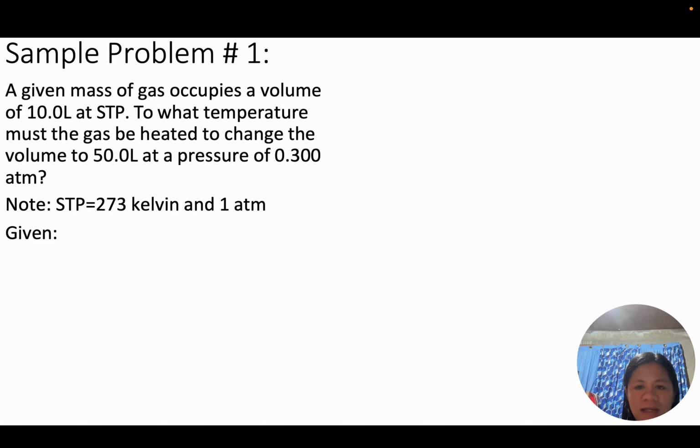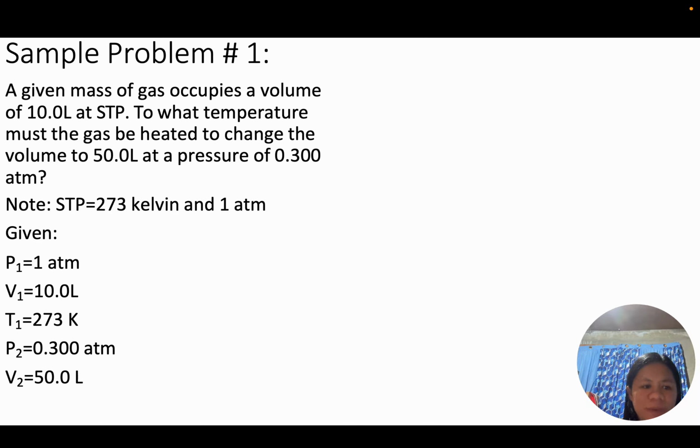So, our given: a given mass of gas occupies 10 liters at STP. So, our P1 is 1 atm. Our V1, from the first part of our question, is 10 liters.